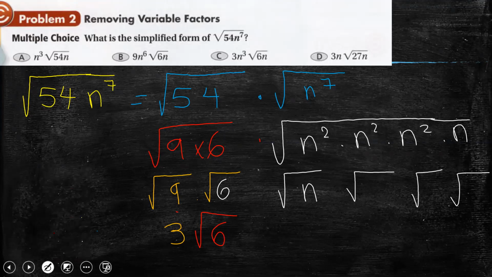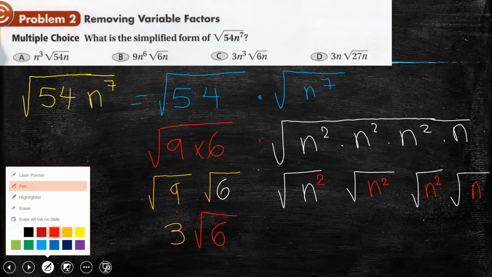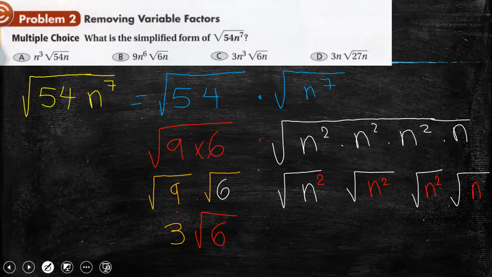I will write n squared here, n squared here, the third n squared here, and n here. Then I will cancel, since the square root cancels the square exponent. So I have only n.